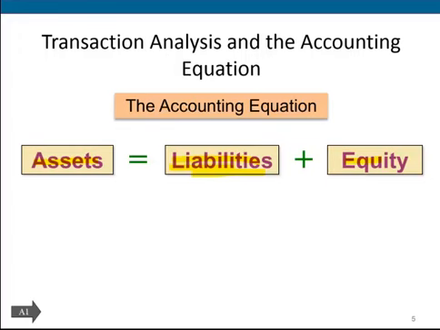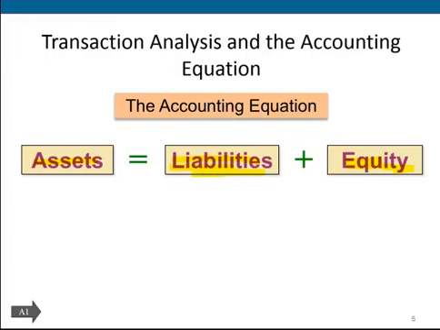Liabilities are what a company owes its non-owners or creditors in future payments, products, or services. And equity, which is also called owner's equity or capital, refers to the claims that the owners have to a business. Together, liabilities and equity are the source of funds to acquire the assets.